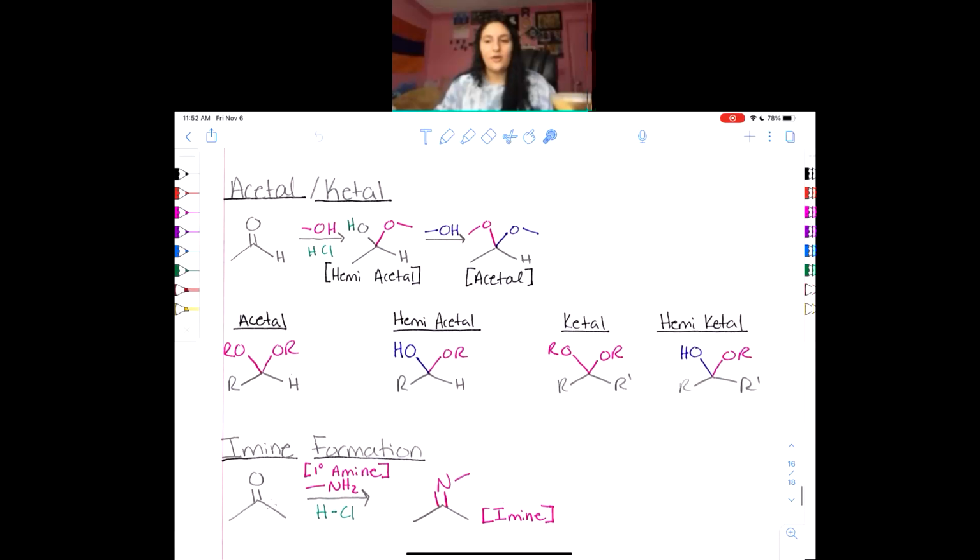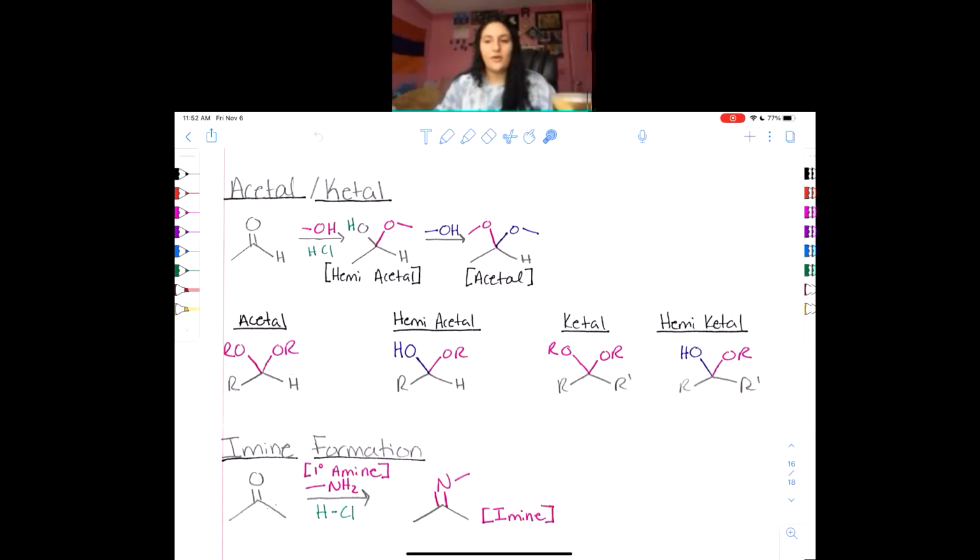Okay, so don't look at the hydrazone. We haven't done that one yet. So the imine formation is essentially going to be a ketone reacting with a primary amine. That's very important. This one can use acid or base, doesn't matter, but acid is more common. So it's going to form the imine, which is essentially just replacing this oxygen with the nitrogen in the R group.